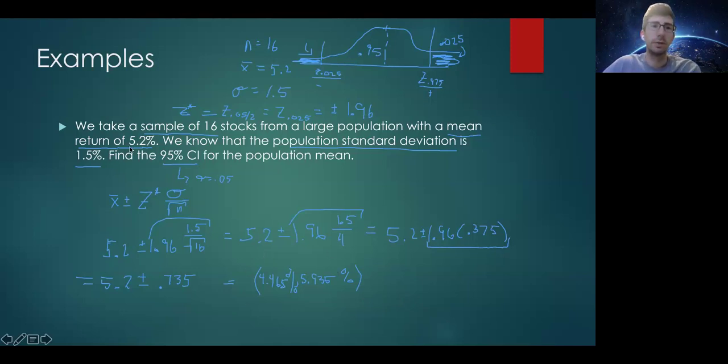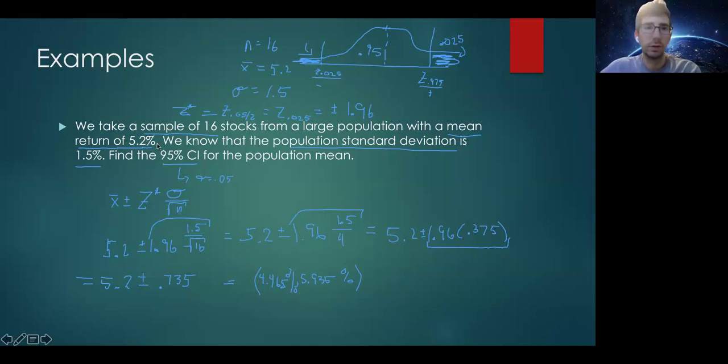So if this is the average return and it's strictly positive, we're not saying that you're guaranteed a return between this, but if 95% of all the possible confidence intervals we could calculate contain the true mean, and if we're 95% sure that this is our interval, then the fact that it is strictly positive is a good sign.